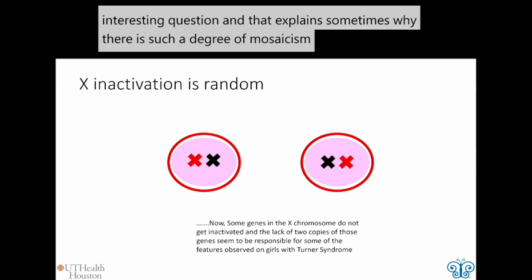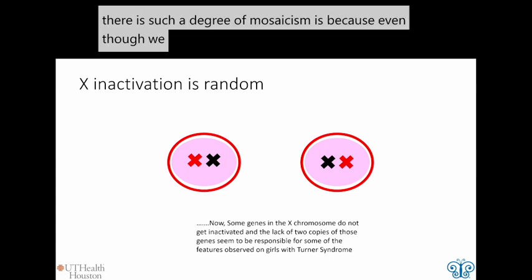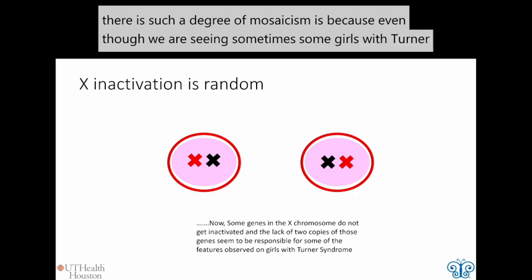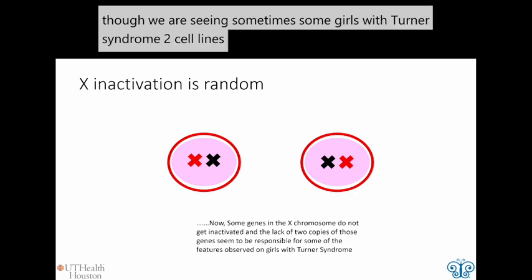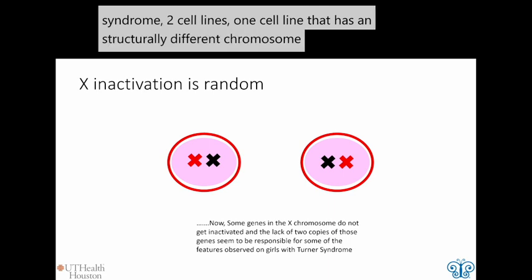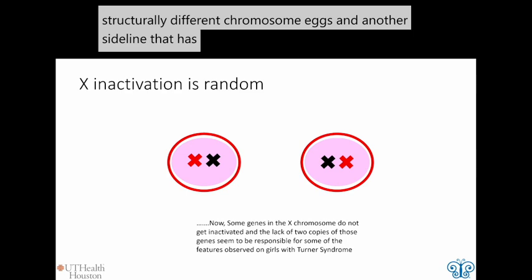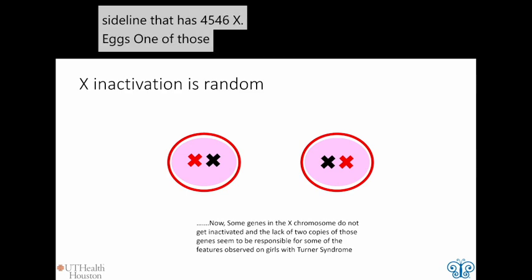It's a very, very interesting question, and that sometimes explains why there is such a degree of mosaicism. Even though we sometimes see girls with Turner syndrome with 2 cell lines, one cell line that has a structurally different X chromosome and another cell line that has 46 X and X, one of those chromosomes is going to be turned off.